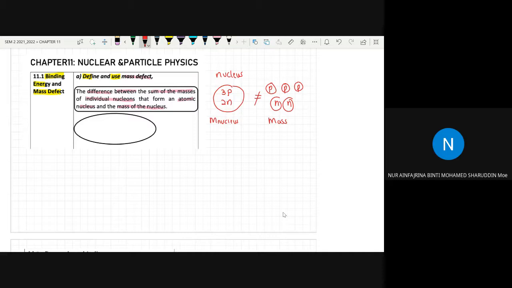So the first thing you need to understand is that the mass of the nucleus is not the same as the combination of the individual masses.